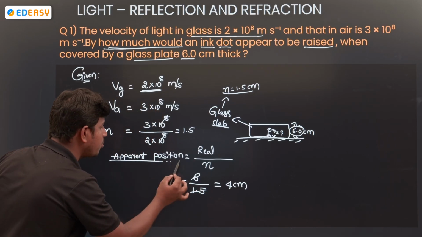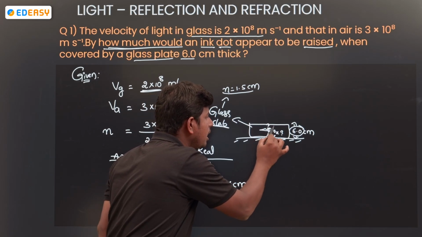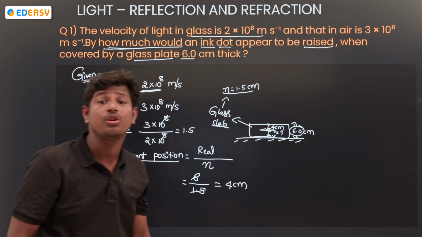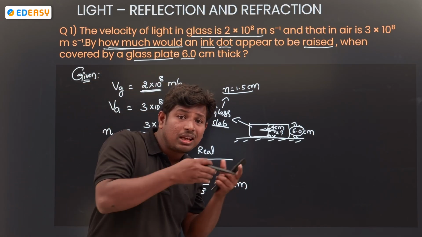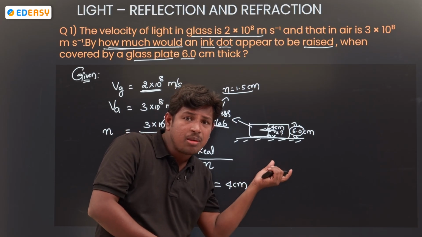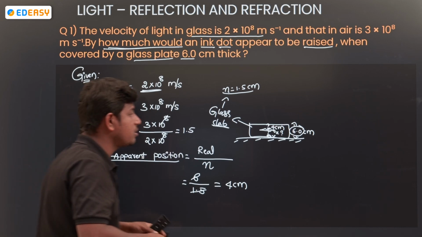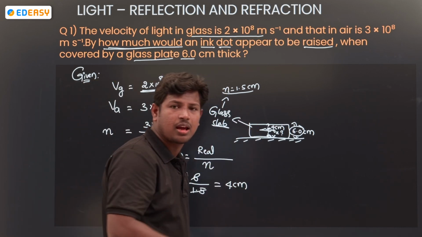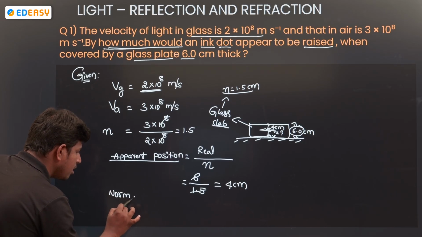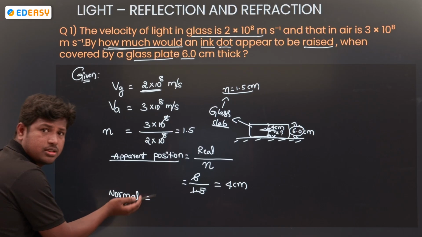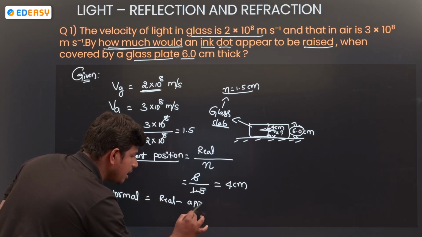So this is the apparent position. Where will it be? It will be at 4 centimeter, the apparent position by using the glass slab. Without the glass slab it is at 6 centimeter; by using the glass slab, it appears at 4 centimeter. So the normal shift is equal to real minus apparent.